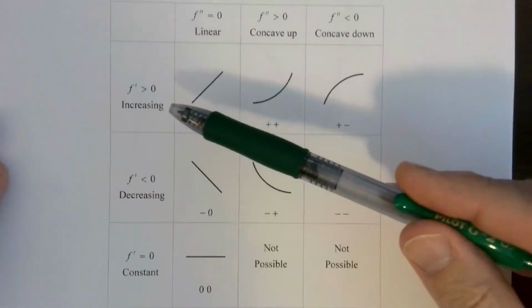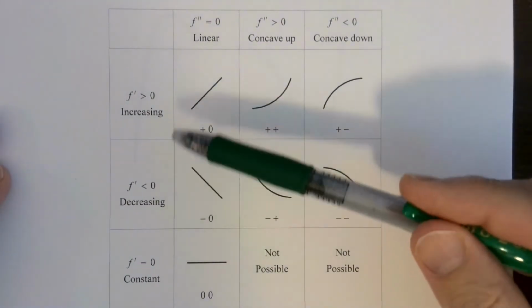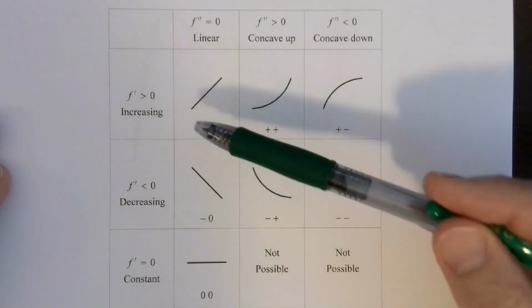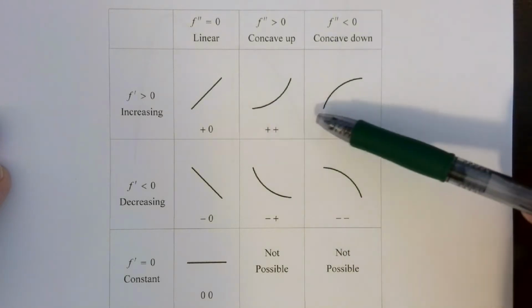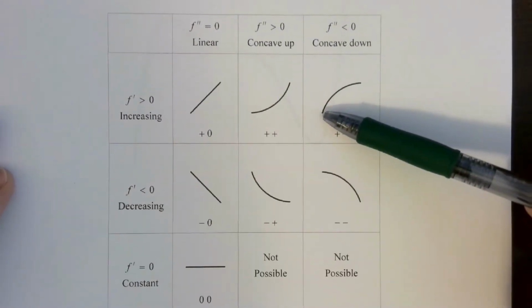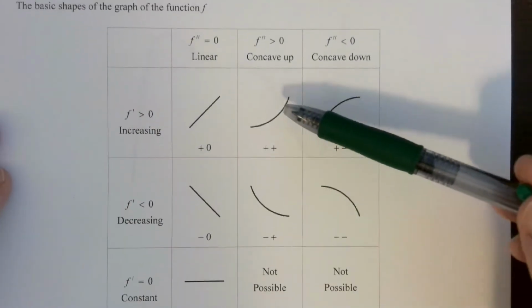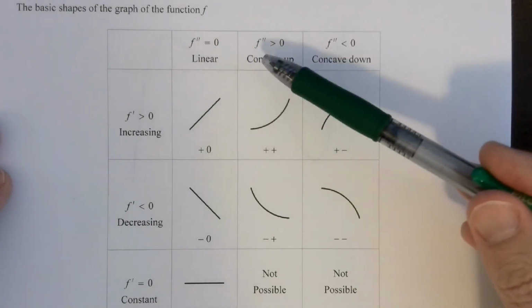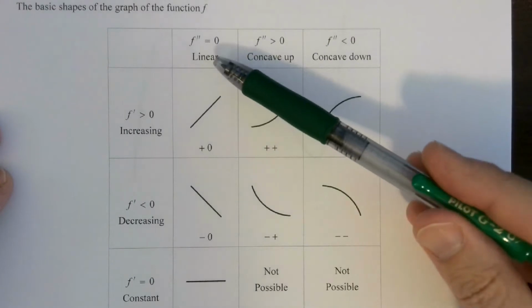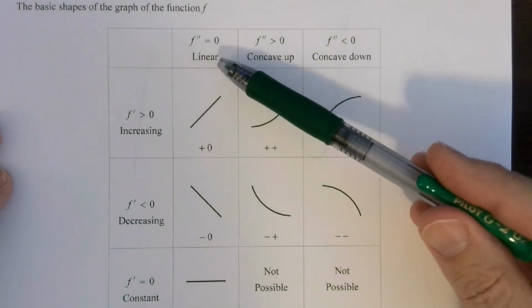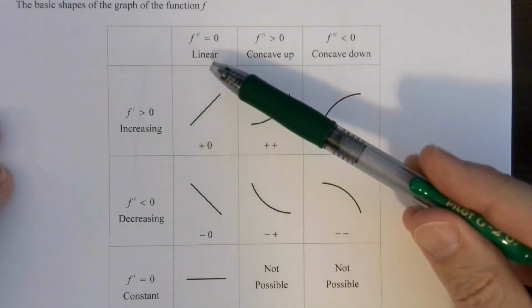Okay, but the first derivative only tells us some of the information that we need to know, because you can see clearly if a function is increasing, there's actually 3 different shapes that we can think about. And so for these shapes, we talk about the second derivative. The book focuses on the second derivative being positive or negative. I'm going to include where the second derivative is 0, where there's no concavity, and that means that the graph is linear.